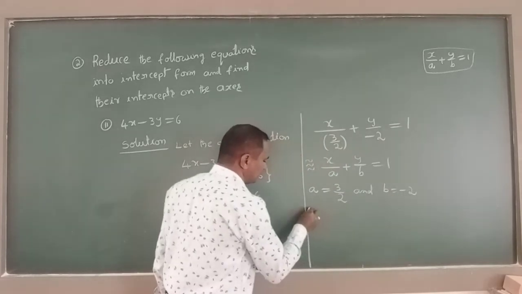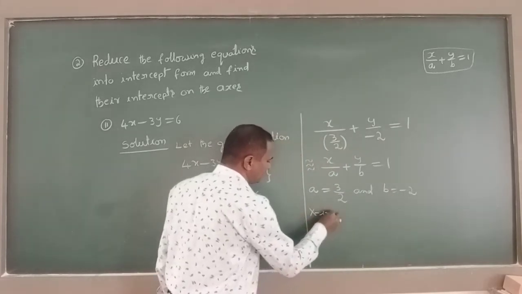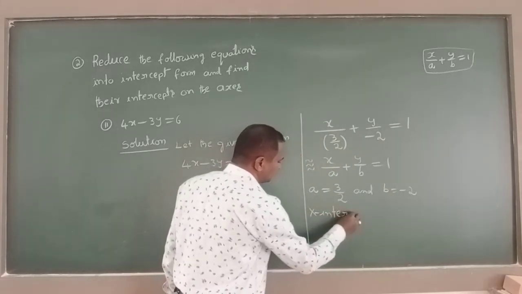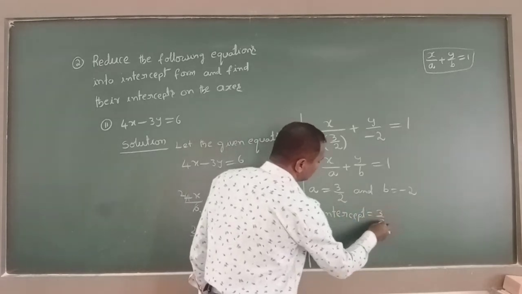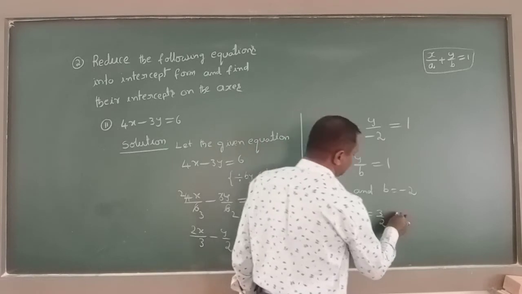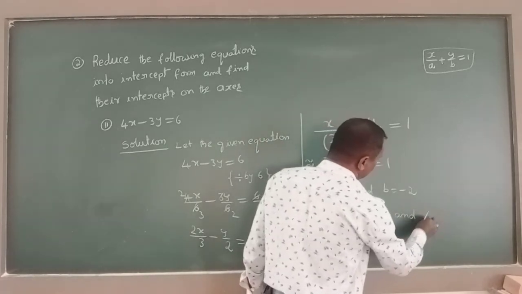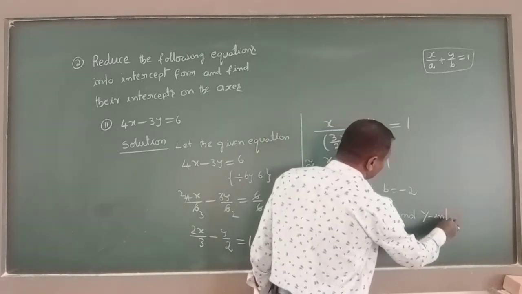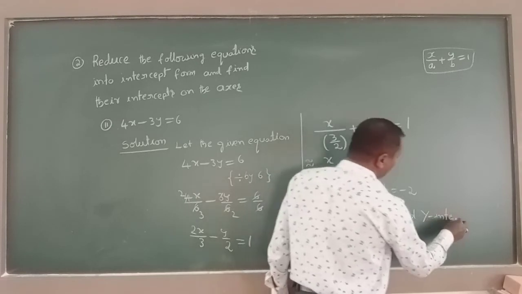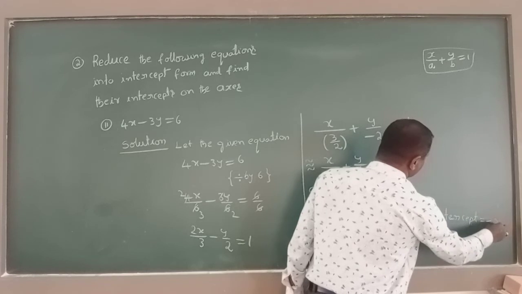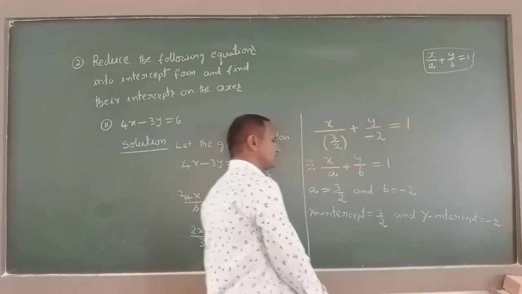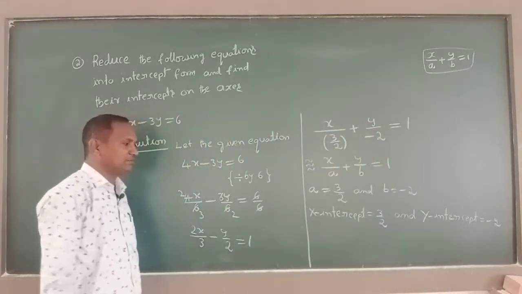That is, x-intercept is equal to 3 by 2 and y-intercept is equal to minus 2.